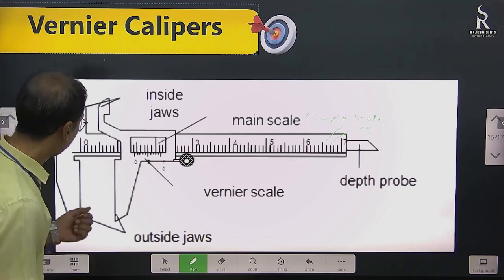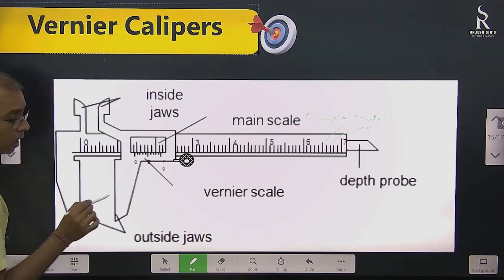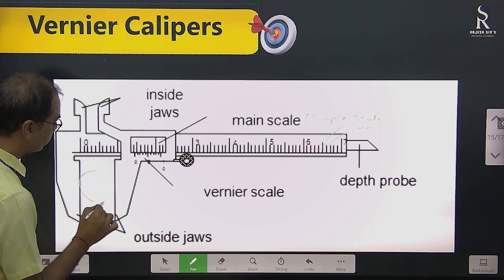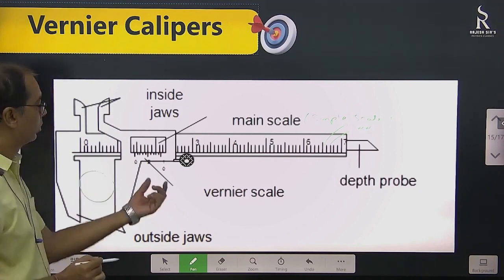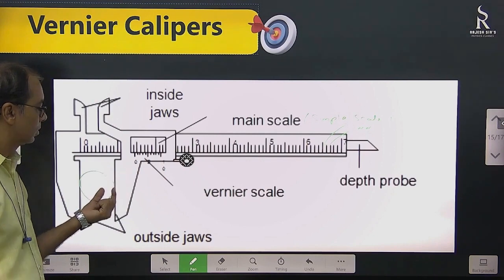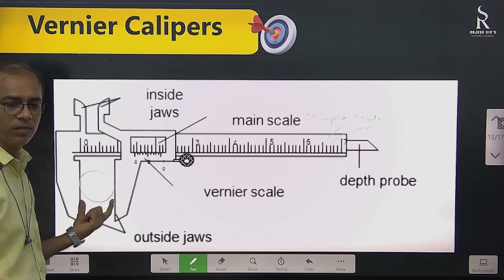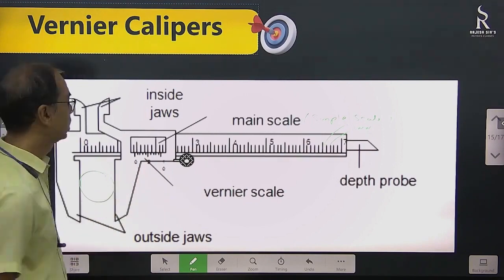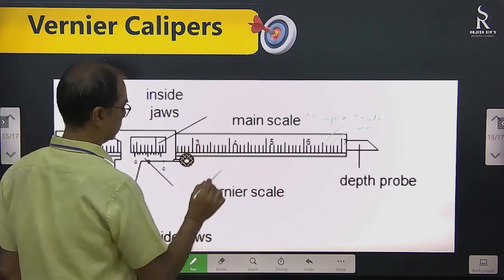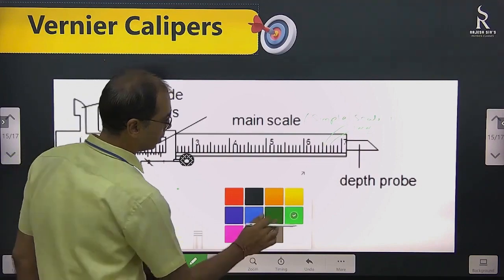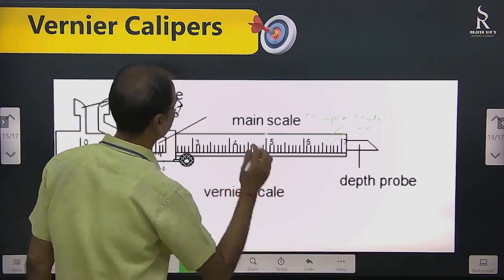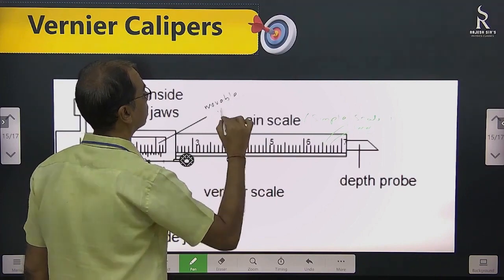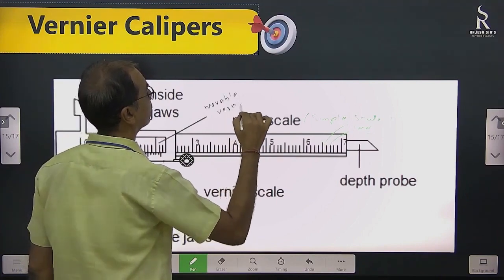Suppose I have to measure the diameter of a sphere. What I have to do is bring this closer so that it can be fixed over here. This is the movable vernier scale.